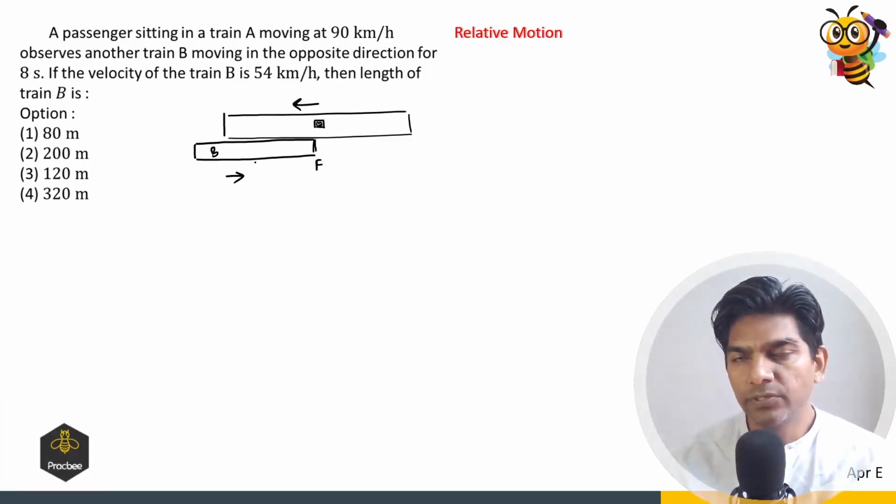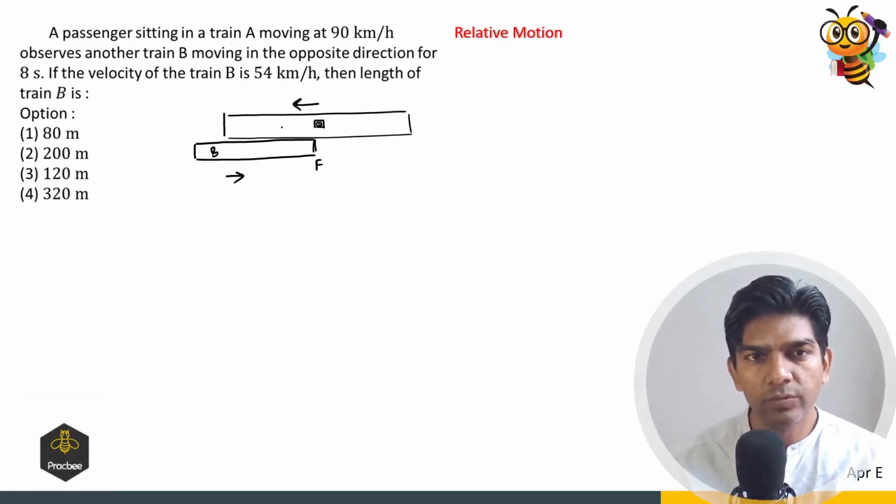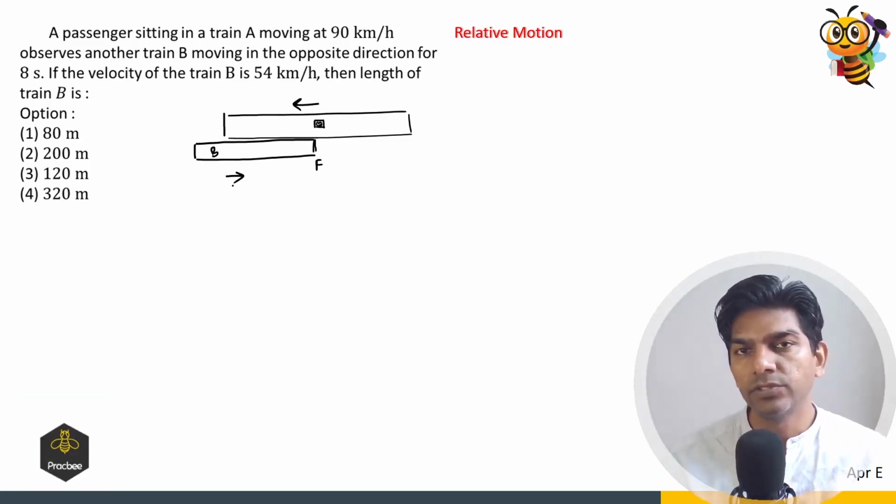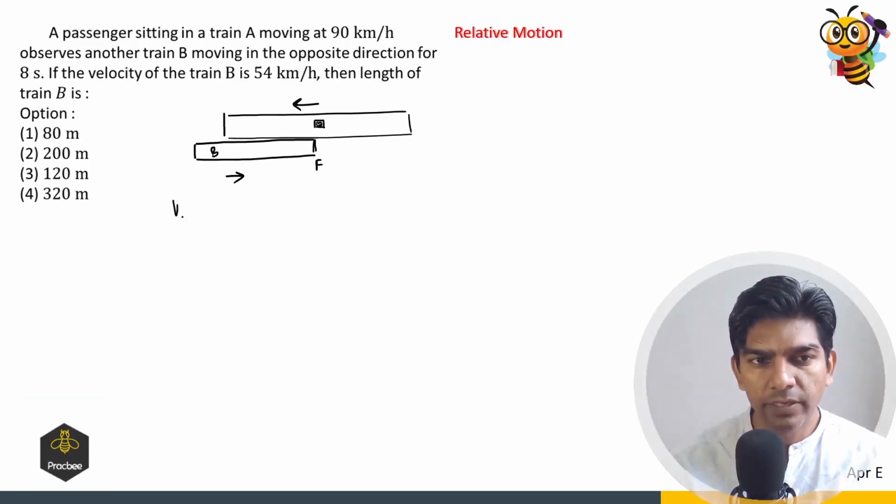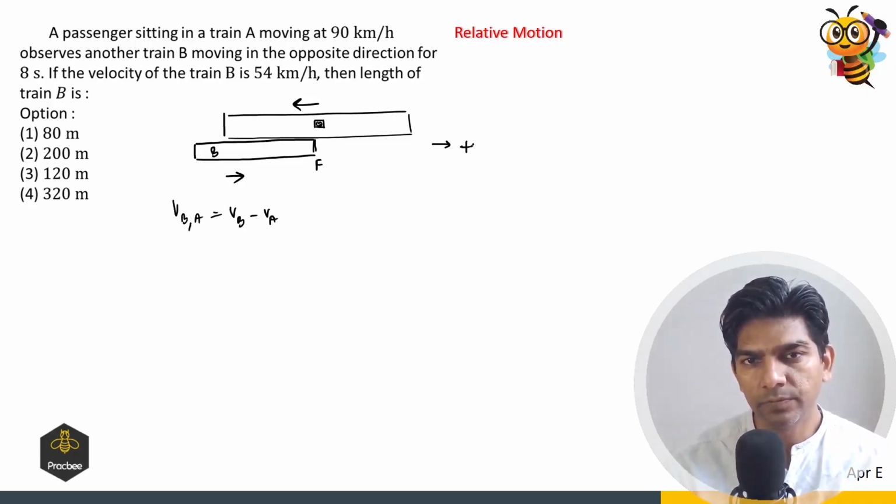So I'm going to solve this problem again using the relative motion concept. Since the velocities are in the opposite direction, the velocity of train B with respect to train A will be VB minus VA, taking the right direction as positive.